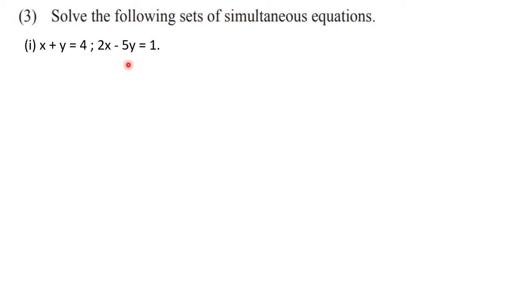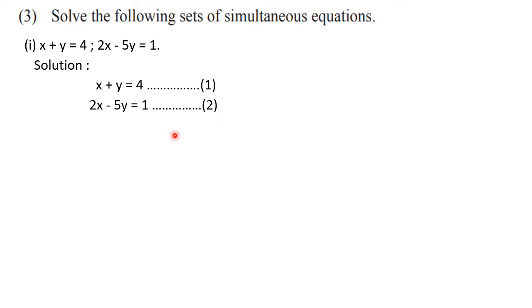So the very first step is to number them as 1 and 2 respectively. So write down x plus y is equal to 4, equation number 1. Here I have used the numbers, you can use Roman numerals also. And second one, 2x minus 5y is equal to 1, equation number 2.